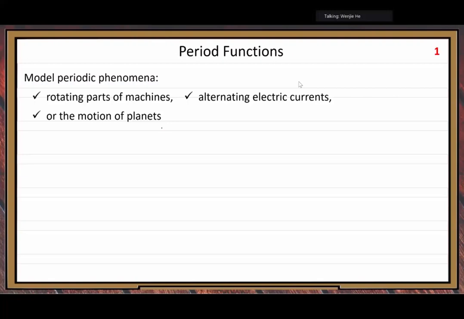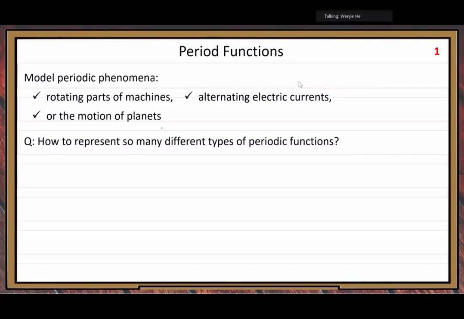How can you model non-periodic phenomena? So later, after we study the periodic phenomena, we need to extend it to cover non-periodic phenomena.